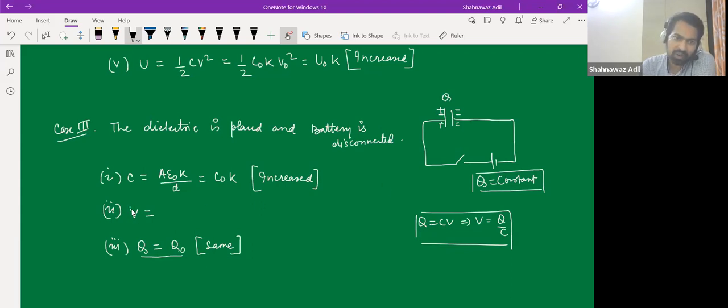So now what would be the potential? This is Q by C. So this is Q naught by C naught K, which is V naught by K. So is this increased or decreased?